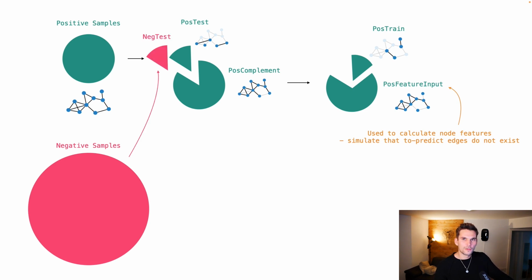So we sample our non-existing edges to complement our positive samples. And we only do this for the test and training set, of course, because in the feature input set we don't need negative examples, as the algorithms take into account the existing structure, which we have filtered. So they don't use negative samples. We only need them for training and testing.